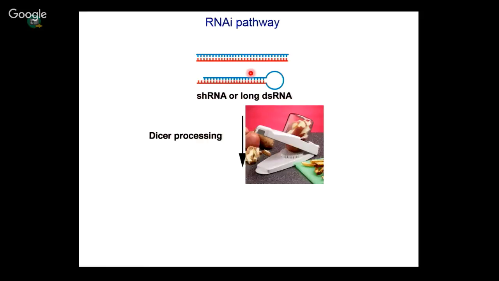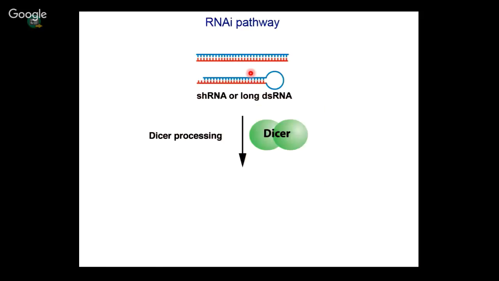So it will cut those RNA into exactly the same size. We call it Dicer processing, and it makes a 21 nucleotide double-stranded RNA duplex with a 5' phosphate and a 2 nucleotide overhang at the 3' end.